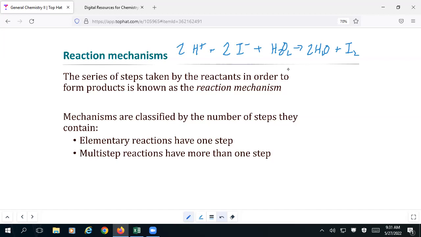I've got two hydrogen ions, two iodide ions, that's four, plus a hydrogen peroxide, there's five. Now, again, from a collision theory standpoint, if all of those are going to come together to make my water and my iodine, I'm talking about five molecules colliding simultaneously with proper energy and proper orientation.